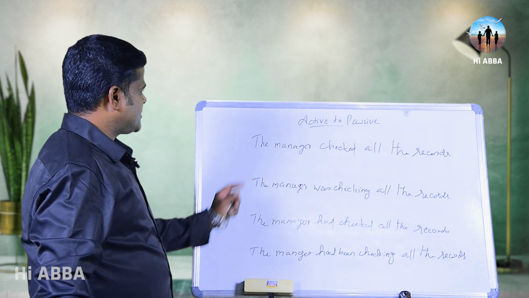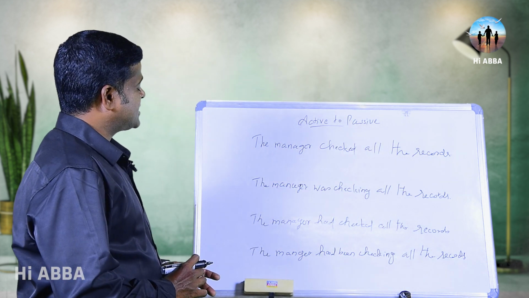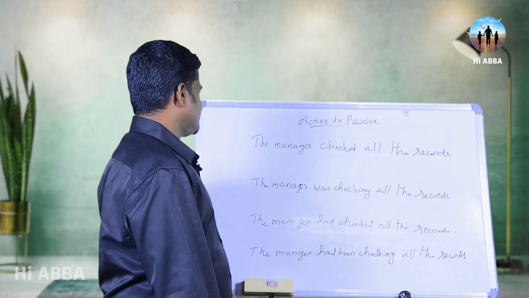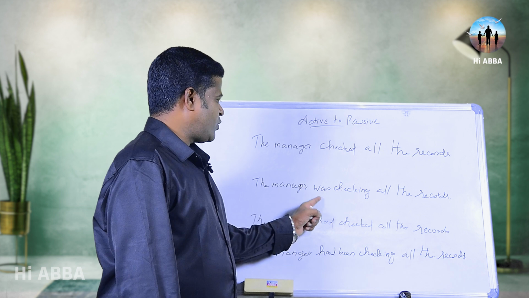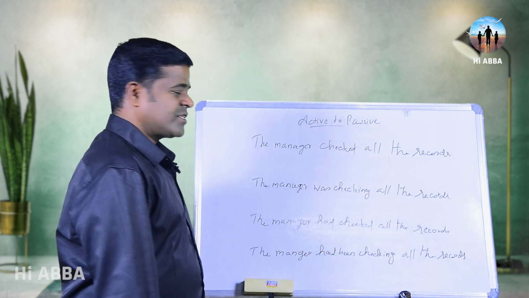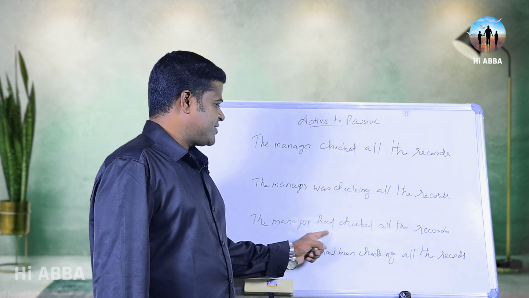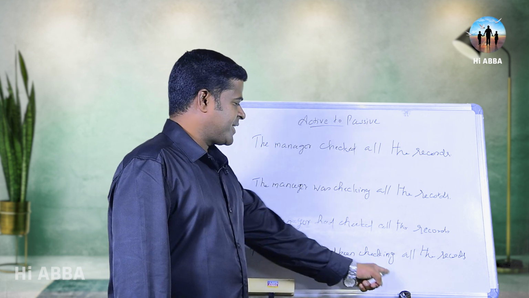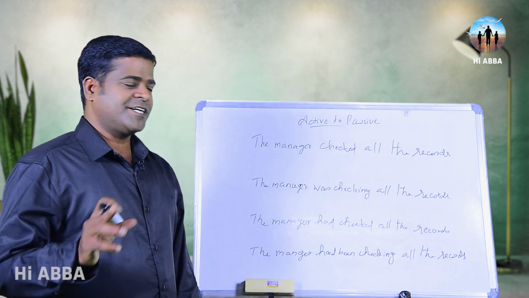So now this is one same sentence, but it is written in all the past tenses. The manager checked all the records, simple past tense. The manager was checking all the records, past continuous tense. The manager had checked all the records, past perfect tense. The manager had been checking all the records, past perfect continuous tense.